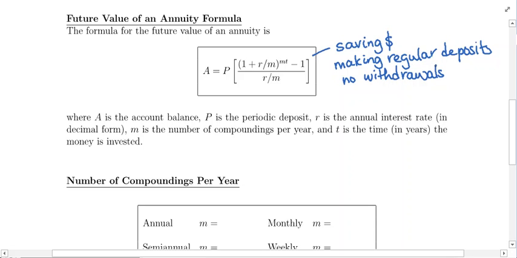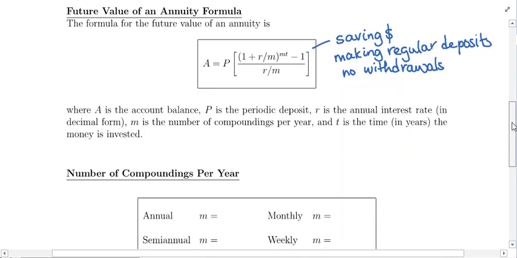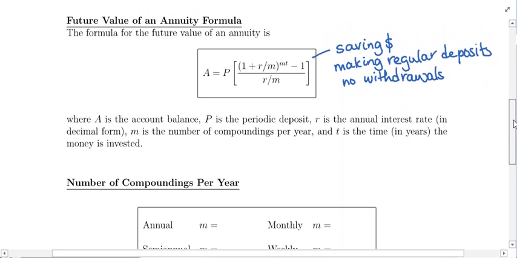In section 3.4, we will see other annuities, but they will have different formulas involved. You specifically want to use this annuity formula when you're saving money. So make sure you keep that straight. You can either refer back to this page or go to your formula sheet.